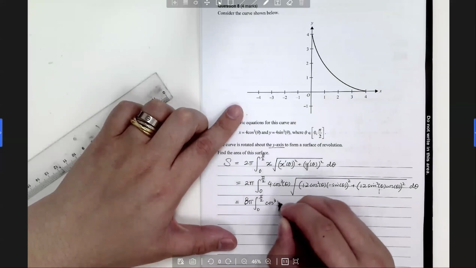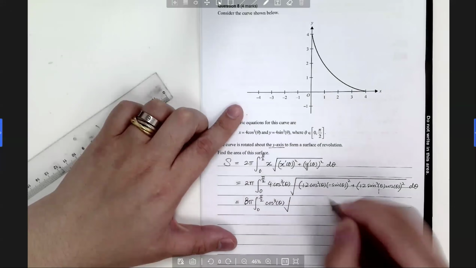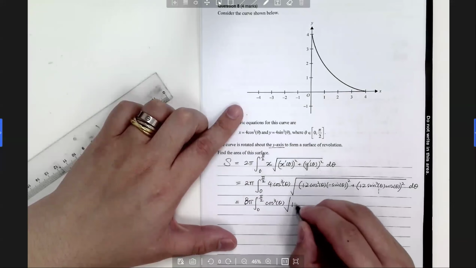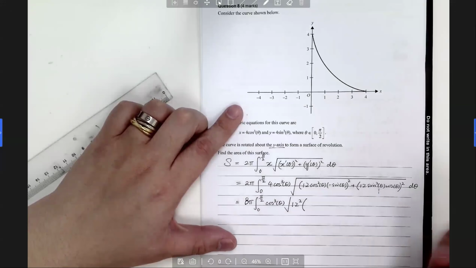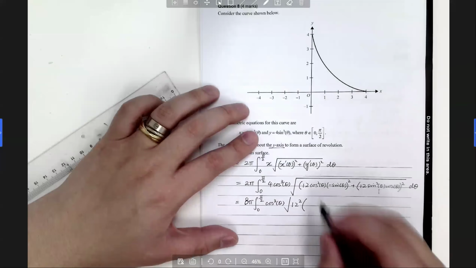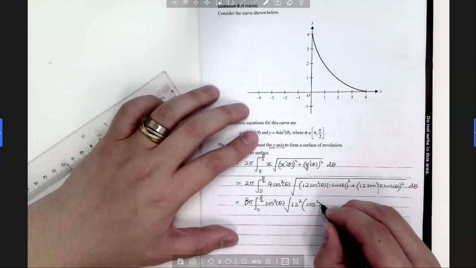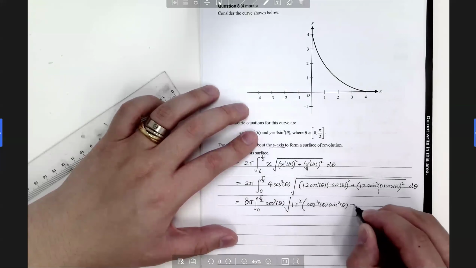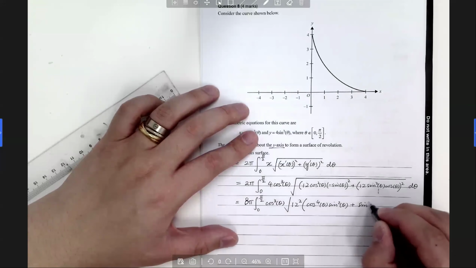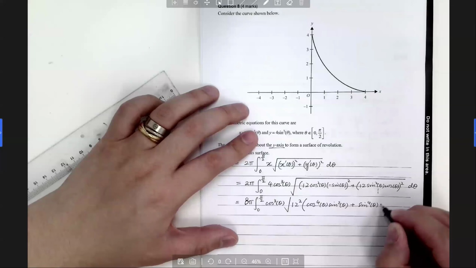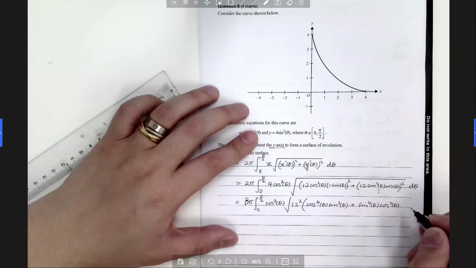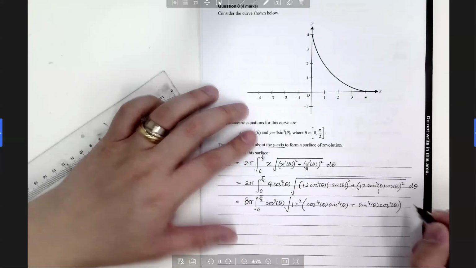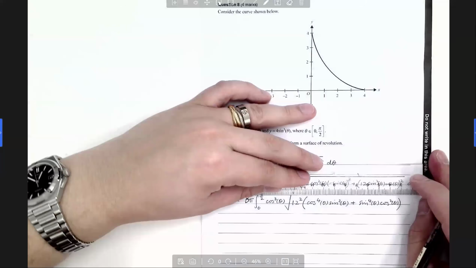I have a cosine cubed theta here. And 12 squared, take it out. And then you should have cosine to the power 4 theta sine squared theta, plus sine to the power 4 theta cosine squared theta, d theta. Okay.